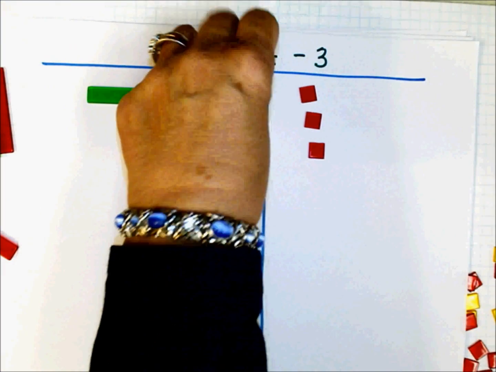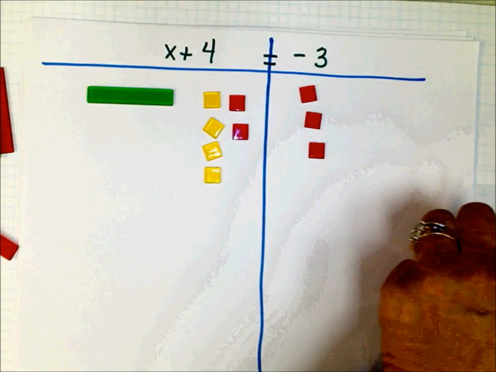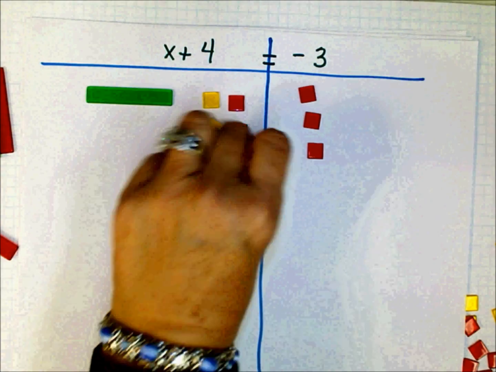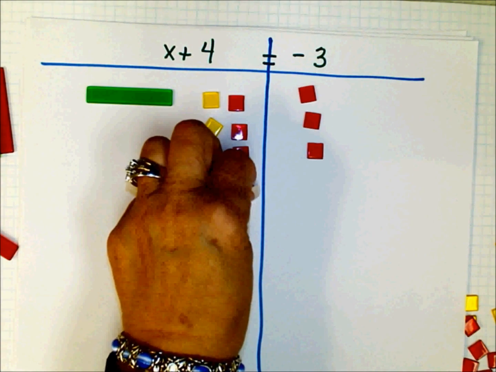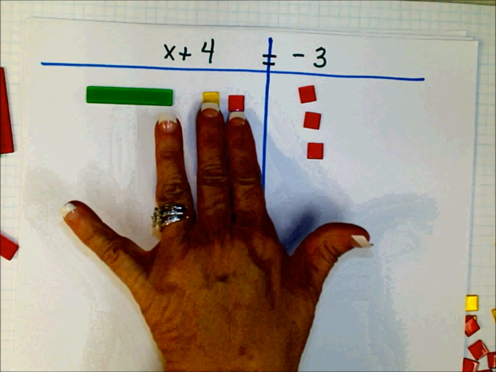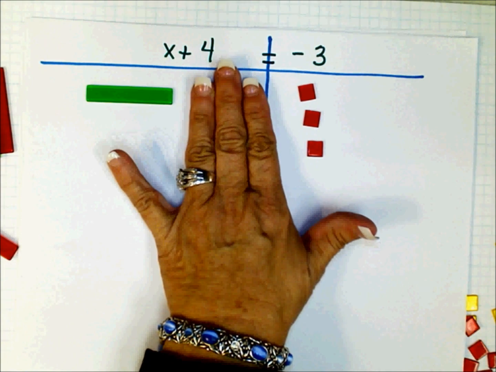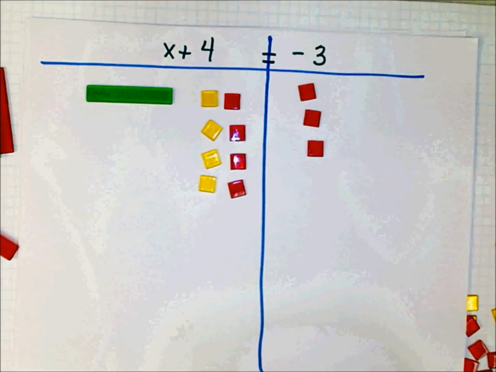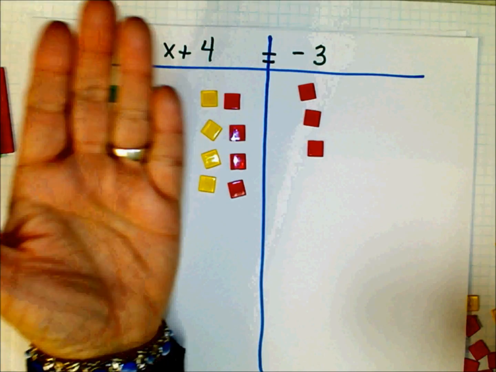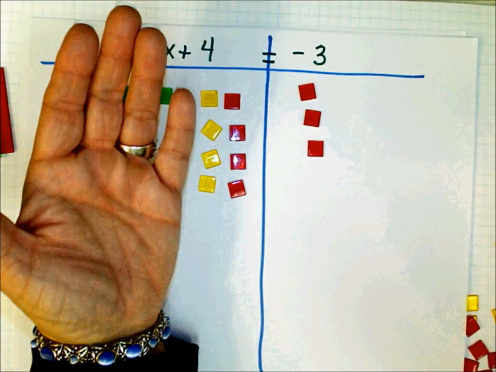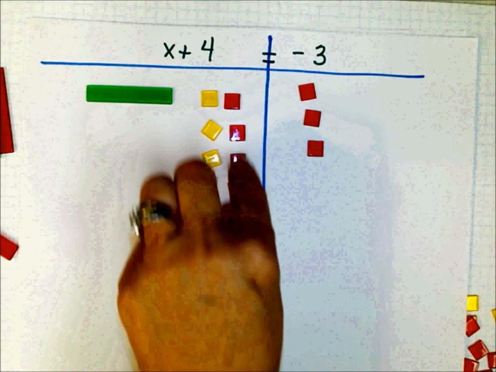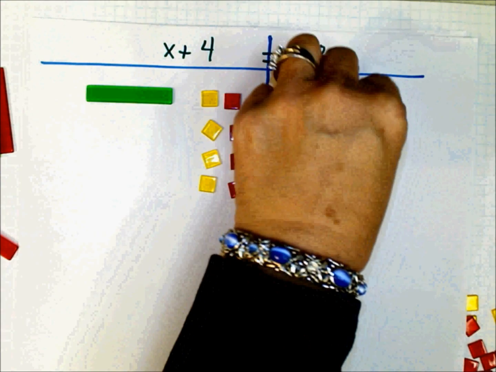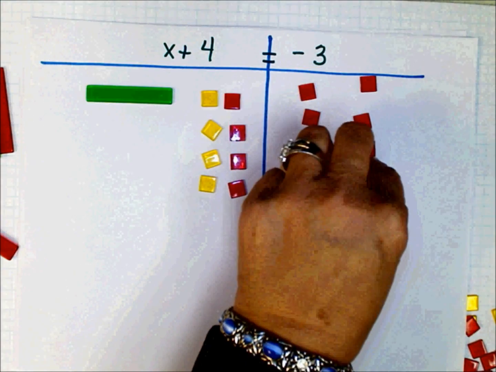So to that left-hand side, I'm going to add 4 red squares, because if I do that, then I have a zero pair here, one here, one here, and one here. So all of these go away. Now, we remember that with an equation, it has to be balanced. So what we do to one side, we have to do to the other. So I added 4 red tiles. So on the right-hand side of the equation, I'm also going to add 4 red tiles.